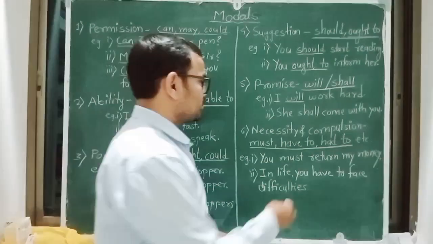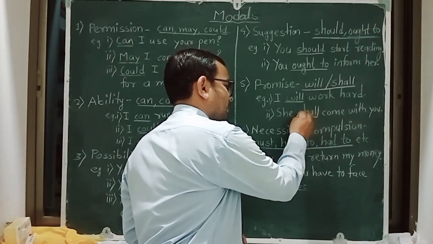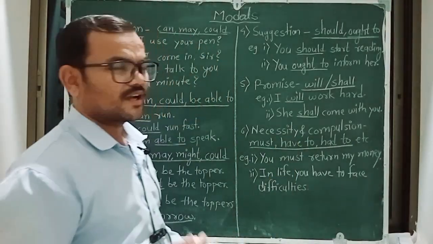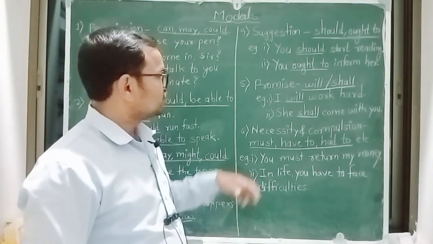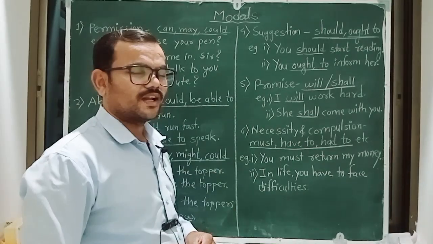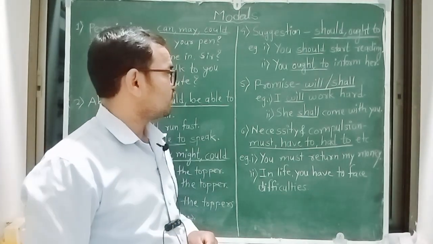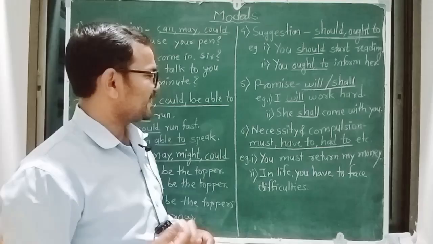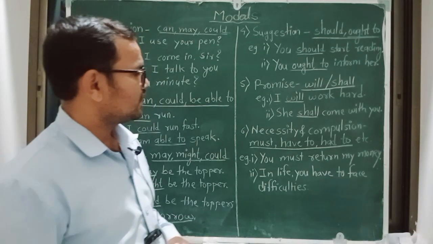So these are the various types of modal auxiliaries which we discussed today. First, modal auxiliaries expressing permission. There are three: can, may, and could.